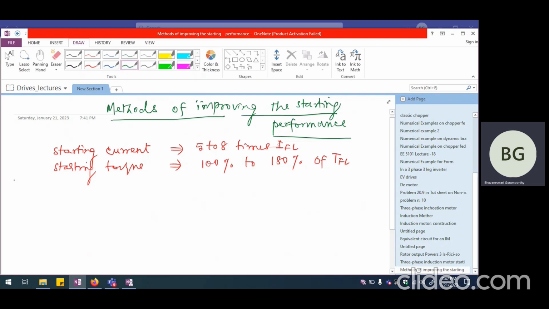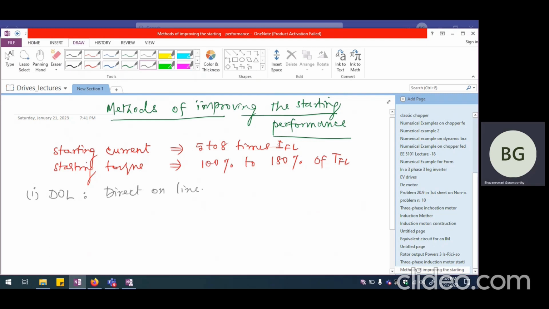So one of the simplest methods of starting an induction motor is generally known as direct online starting. That is, you connect the three-phase supply to the induction motor and switch on the power supply, and you allow the induction motor to start directly.